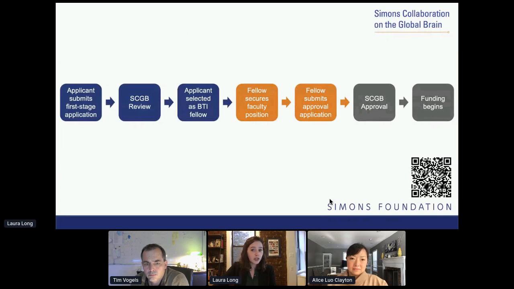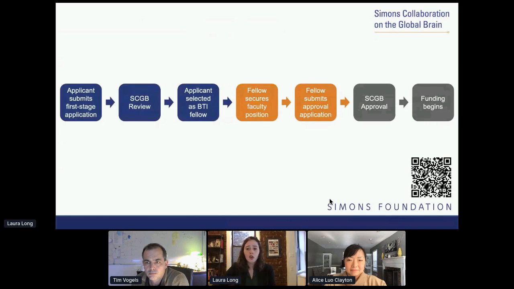In stage 2, in orange, upon notification, fellows have 18 months to secure a tenure-track professorship at an academic institution, at which point they'll submit a second stage approval application. We also encourage fellows to be in touch with staff during the job search process, as we're happy to provide advice and insight and coordinate to see that the opportunities you're interested in are consistent with activation of the award.